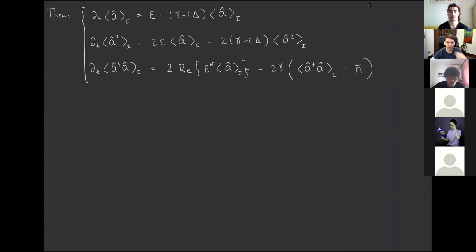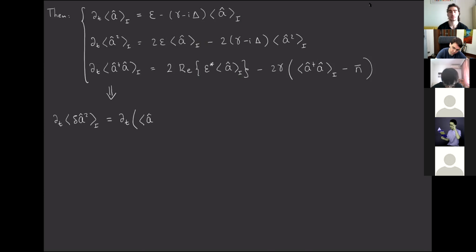Now, I also remind you that for the second order moments, we usually care not about A squared, but about the fluctuations squared. So what we care about is the evolution equation for the fluctuations of the operator squared. And this is very simple to find, and it gives you an equation that is very easy. That's why I want to write it down.